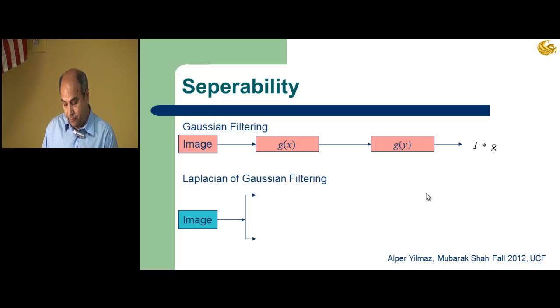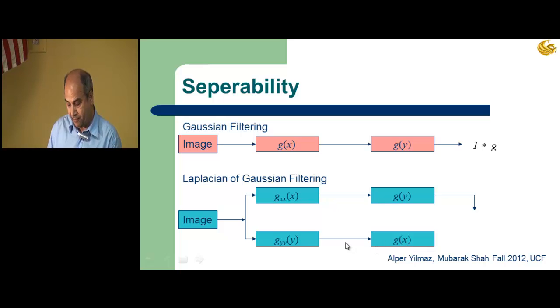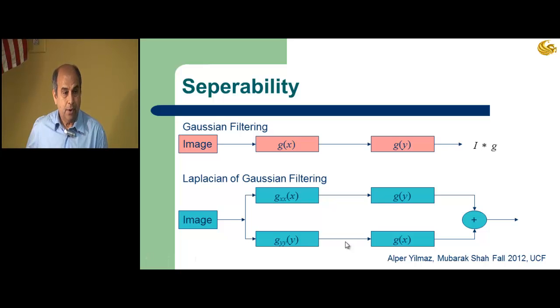For the Laplacian of Gaussian, we take an image, apply the Gaussian second derivative in one dimension, then apply just the Gaussian in the y direction, and we get one result. Then we take the same image, apply the second derivative of Gaussian in y, which means along the column, then apply the Gaussian in x along each row of that result, and then we add it up, and it becomes the Laplacian of Gaussian.